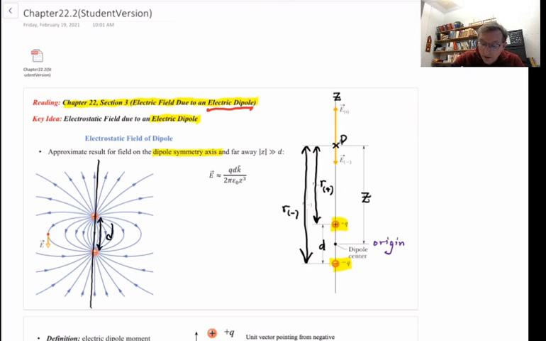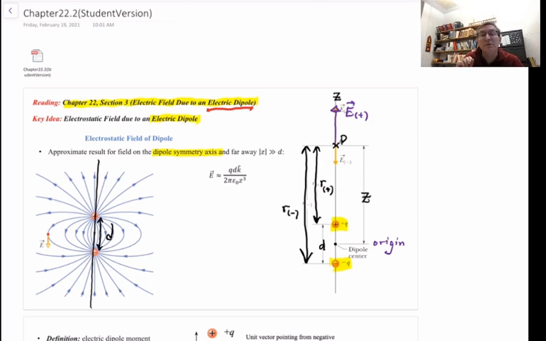And then it also shows the contribution of each charge's electric field at point P. The positive charge is closer to point P, and so it creates a larger electric field that points away, like that, right? Because the field from a positive charge points away from it. They call that E plus. That's a contribution to the total field from the plus charge.